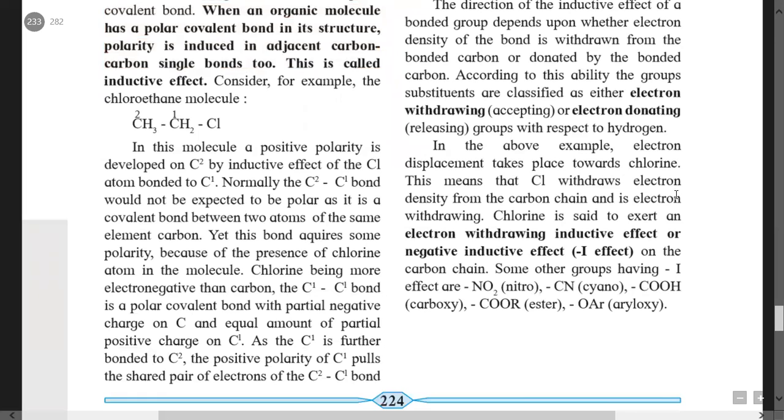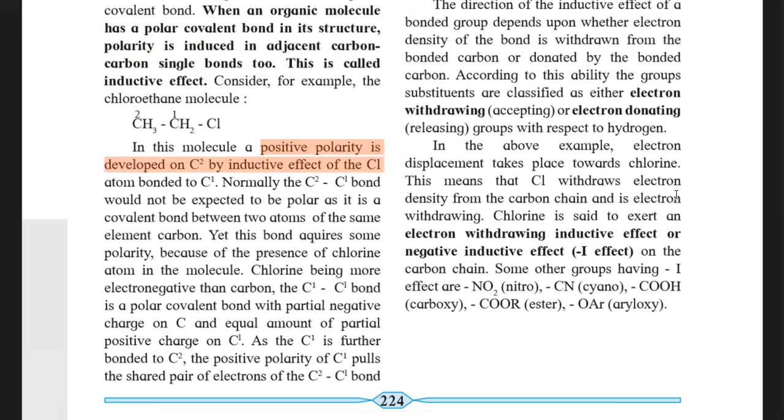In this molecule, a positive polarity is developed on carbon number 2 due to the inductive effect of the Cl atom bonded to carbon number 1. Normally, the carbon 1 and carbon 2 bond would not be expected to be polar because this bond is formed between two similar atoms and they have the same electronegativity values.